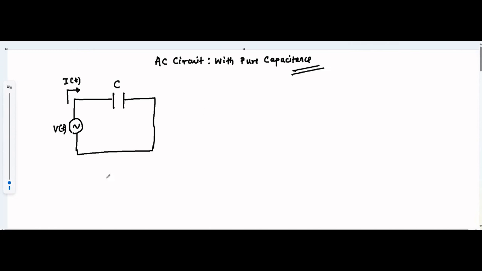So we know in a capacitor, the capacitance is given by the charge in the capacitor and the voltage applied across the capacitor. So here if we apply KVL, if the voltage across the capacitor is Vc, then Vt, which is the applied voltage, minus Vc is equal to 0. That implies Vt is equal to Vc, which is also a time varying voltage, Vc(t).